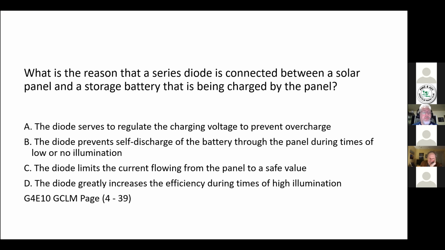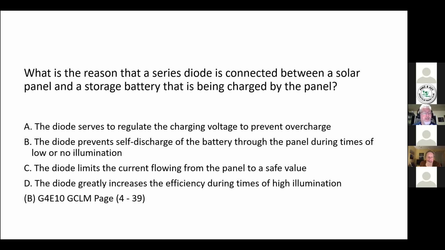B, the diode prevents self-discharge of the battery through the panel during times of low or no illumination. C, the diode limits the current flowing from the panel to a safe value. Or D, the diode greatly increases the efficiency during times of high illumination.